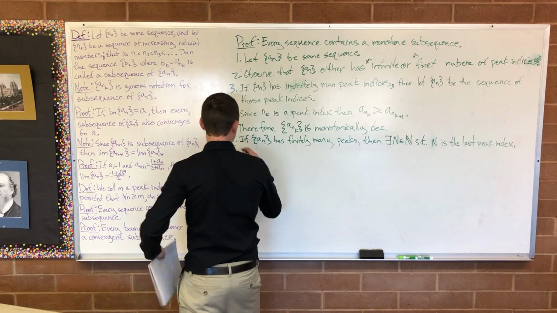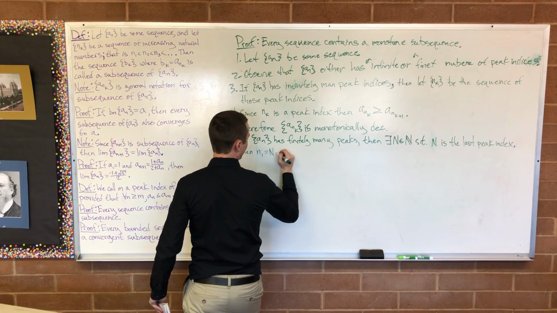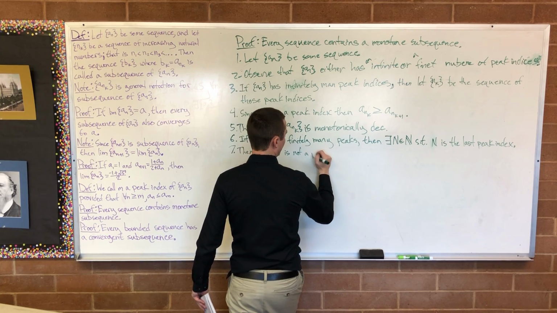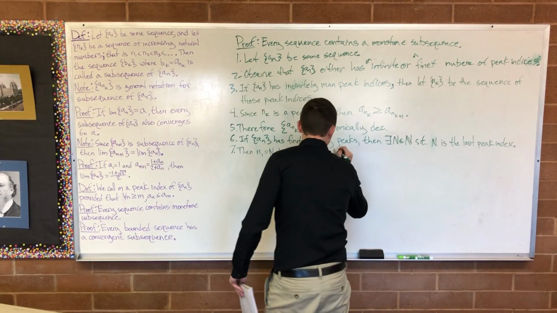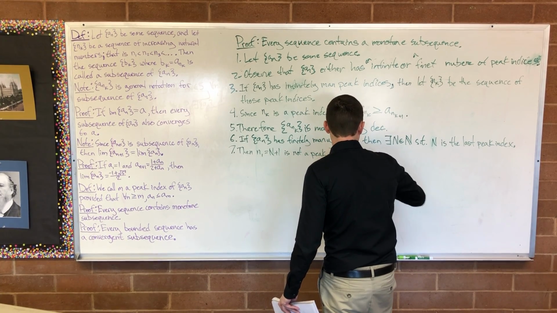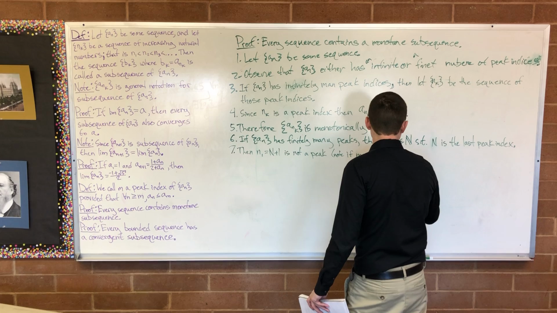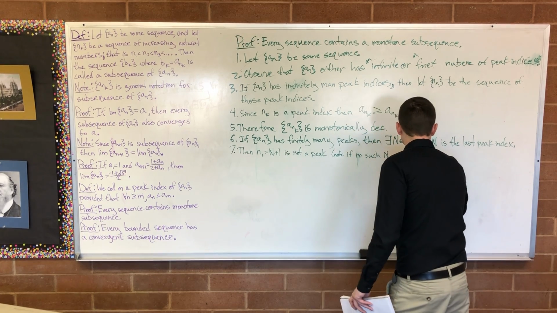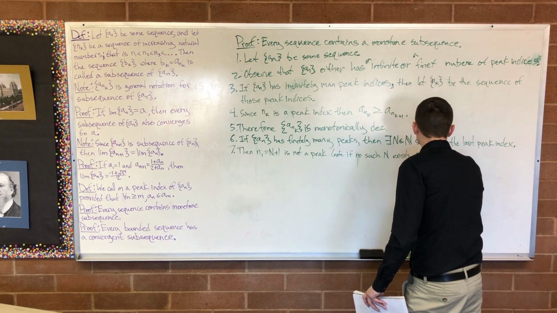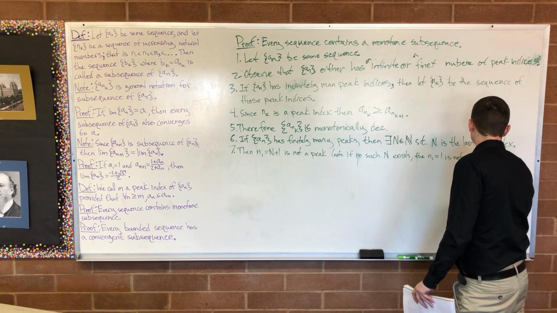So then n sub 1 equal to big N plus 1 is not a peak. And then a note: if no such n exists, then n sub 1 equal to 1 is not a peak.